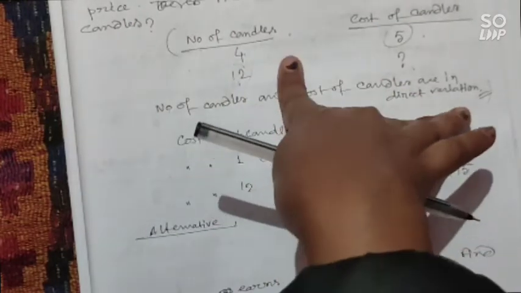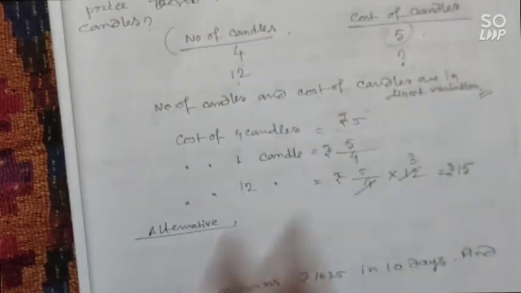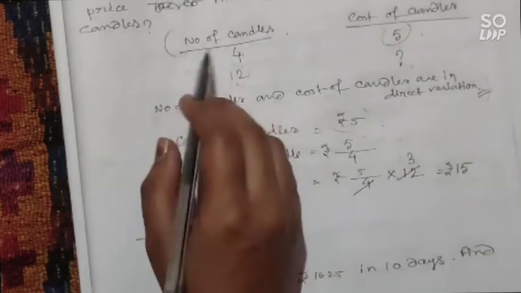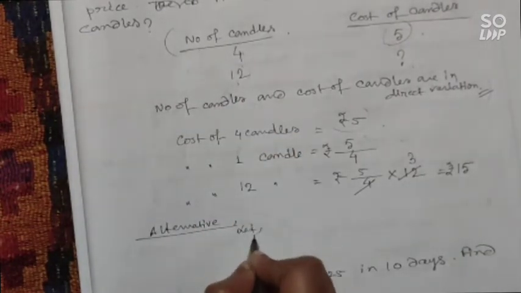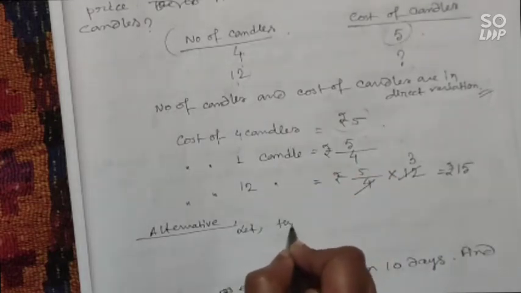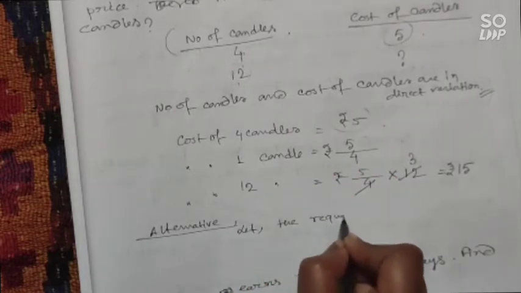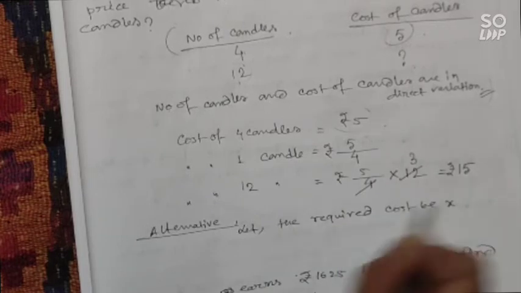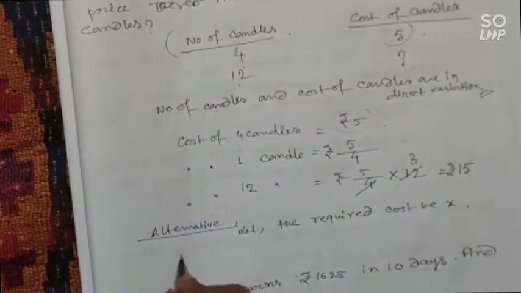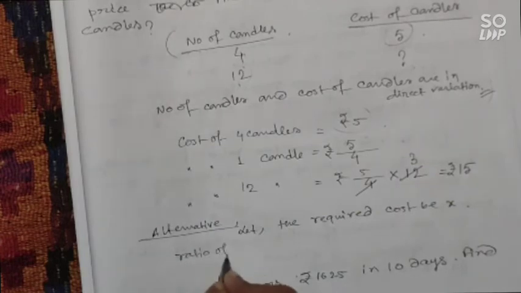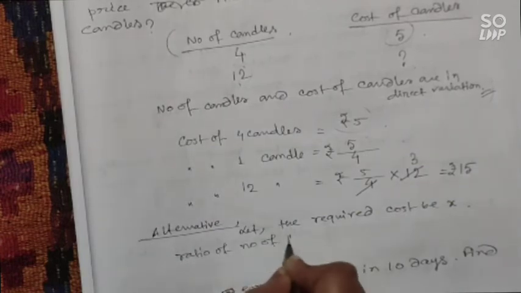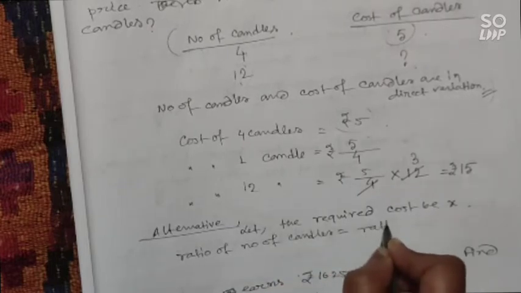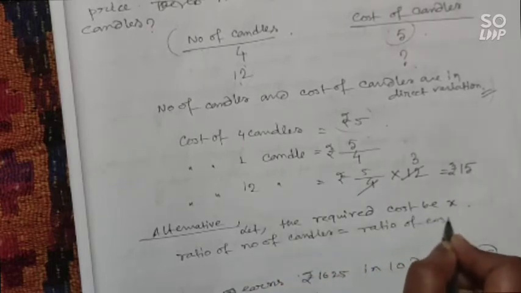After making the chart and writing direct or inverse variation, then you have to assume the required cost to be x. Then the ratio of number of candles equals the ratio of cost of candles.